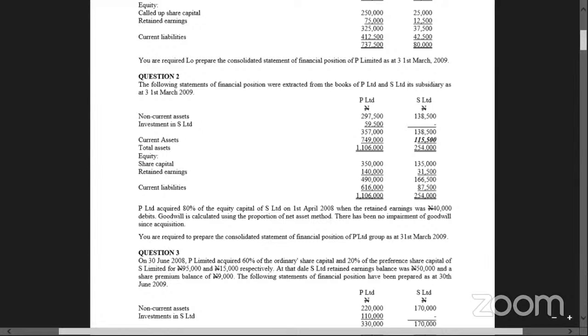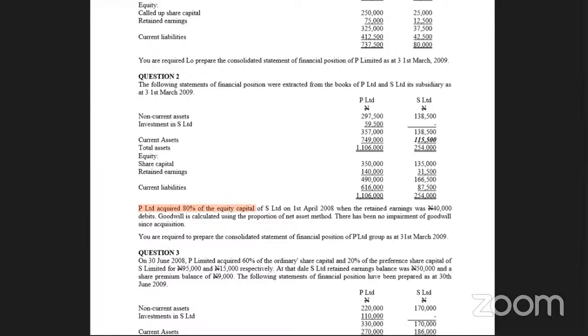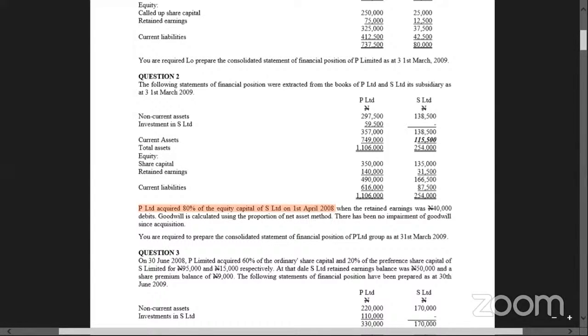But for further information, you come down to the preamble here. It said P Limited acquired 80% of X Limited on 1st of April. Going further, it is very unique here. I want you to be very careful up to this point.